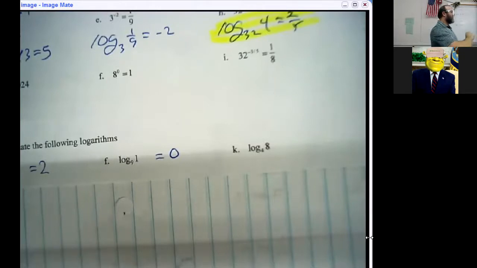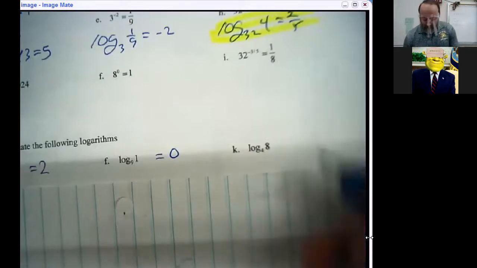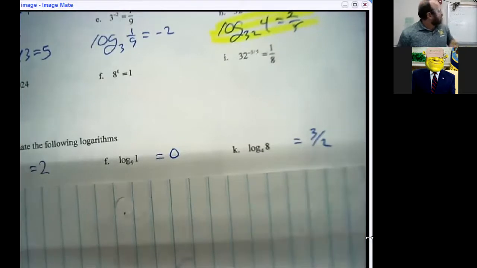3/5? No. Okay, so let's just for the sake of argument say you don't know. Because right now I don't think you do. Does anybody think you know? 2/3, you're closer. I think it's 3/2. But let's see if you're right.